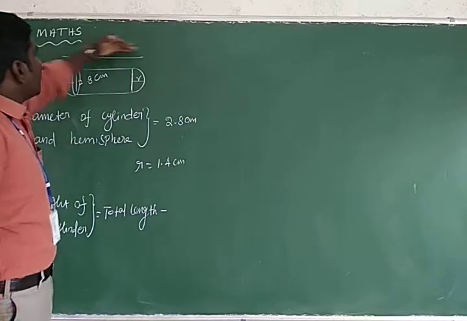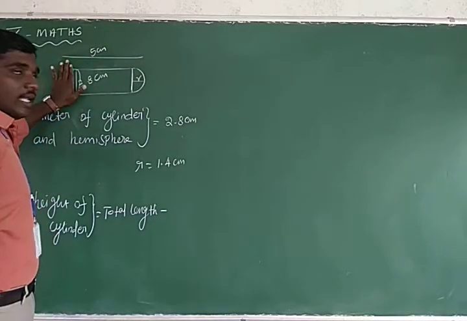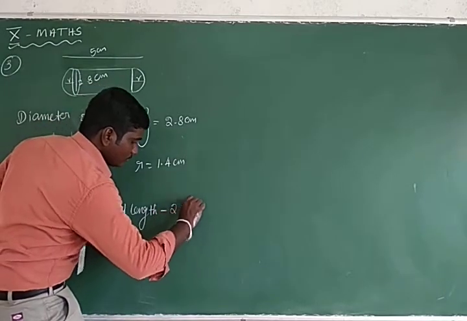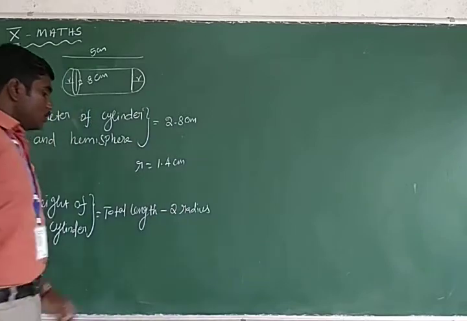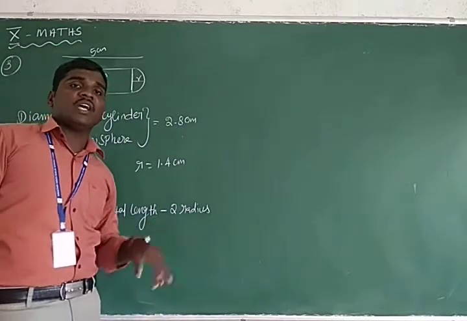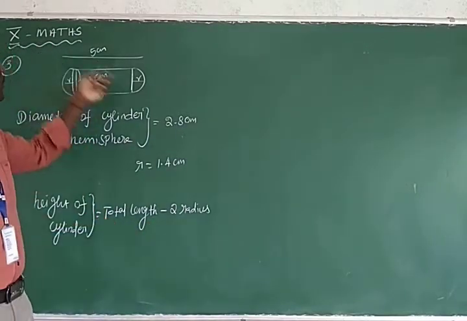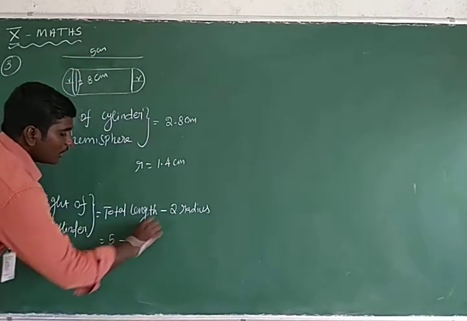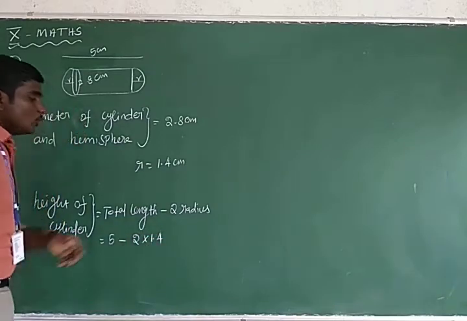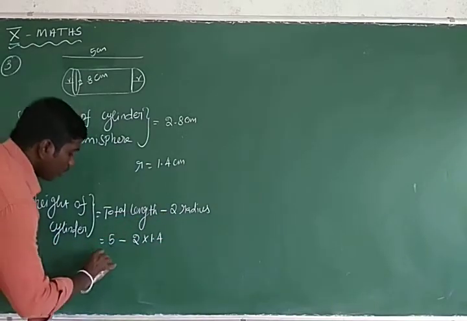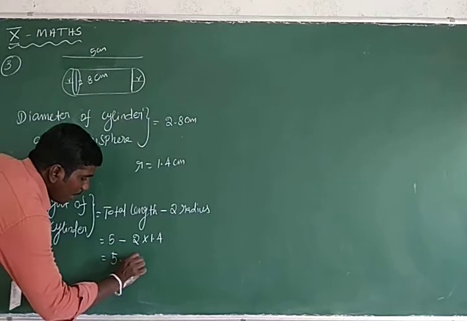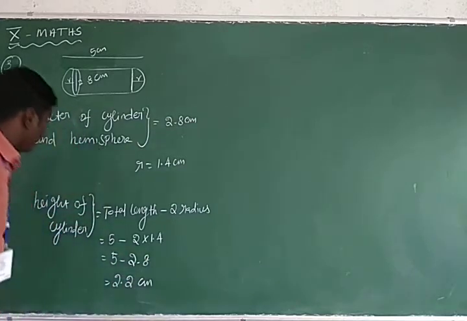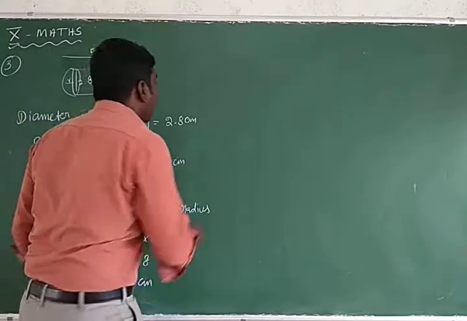So total length minus 2 times the radius. The total length is 5 centimeter minus 2 into radius 1.4, that is the diameter. So 5 minus 2.8 is 2.2 centimeter. So the height of the cylinder is 2.2 centimeter.